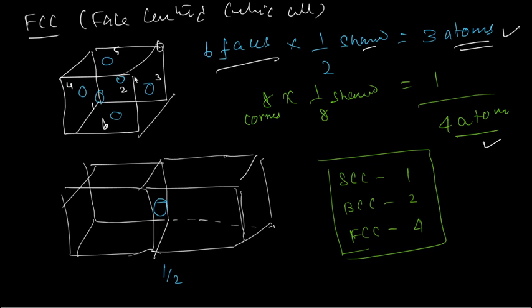Already corner atoms are there, 8 corners, so 8 into 1 by 8, 1, so 4 atoms. This is the face centered cubic crystal, and it is shared by the adjacent unit cell, and that is why we have put 1 by 2 here. So for simple cubic cell you have 1, the body centered cubic cell has 2 atoms, and face centered has 4 atoms.